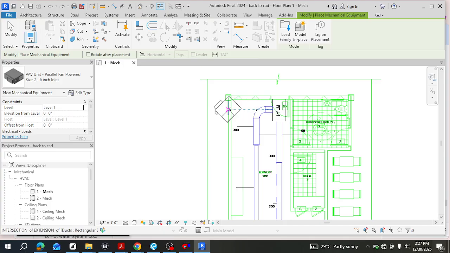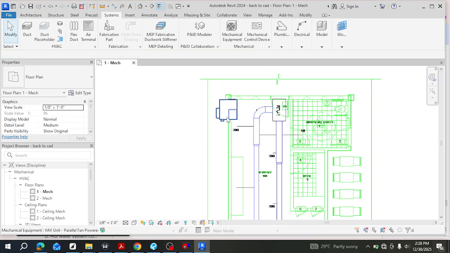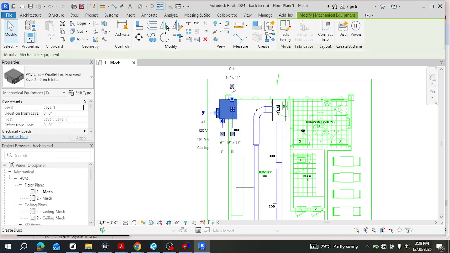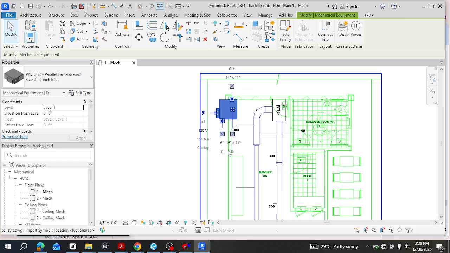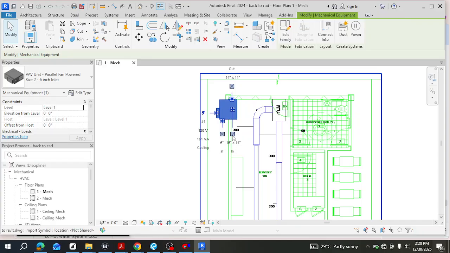Now I can press spacebar to change the direction, or rather the orientation, and then mount it maybe here, for example, right? Normally I'm assuming it's mounted here. So when you click on it, you can see that it already gives you the dimensions of the out and in, right? So this is most likely return and supply, right?